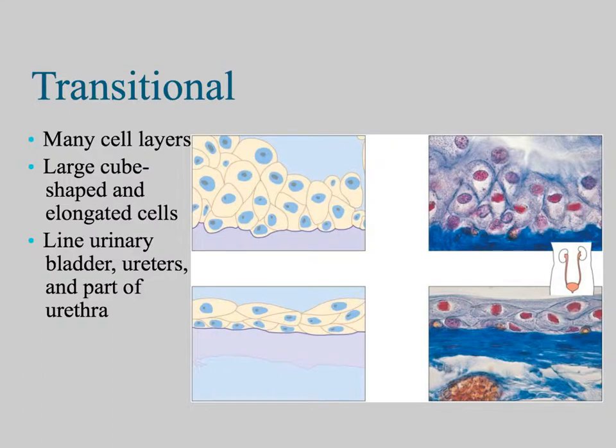And then the final epithelial cell type is called transitional, and these are found in the bladder, or in places where you've got to have stretchy organs, the whole part of the urinary system. When you don't have any urine, you've got a tiny little bladder, but it really can expand before you get a chance to run to the bathroom.